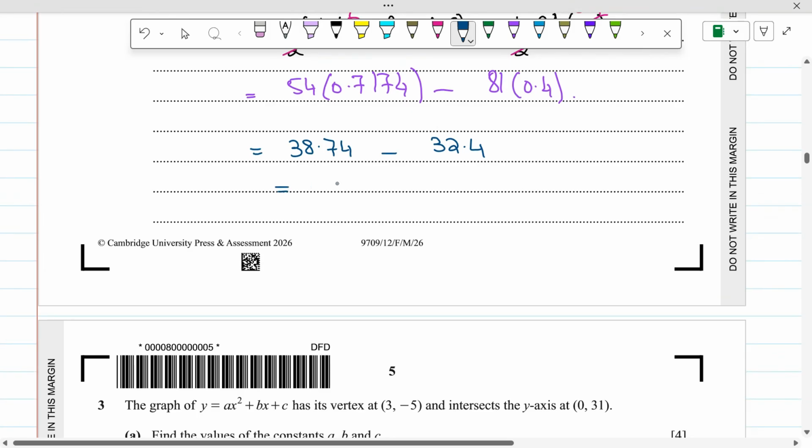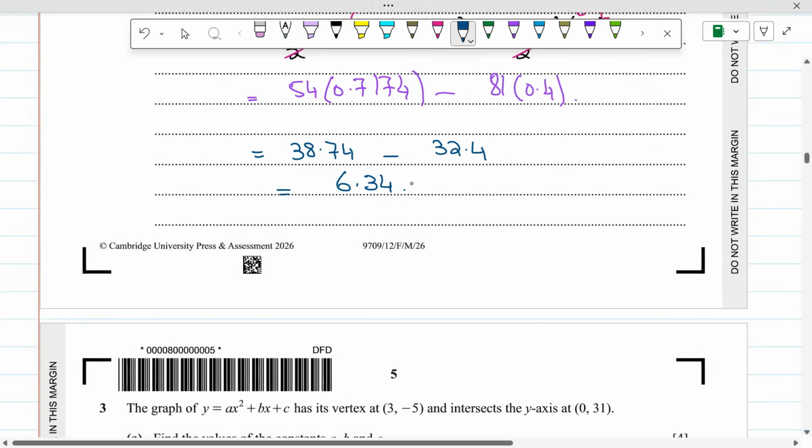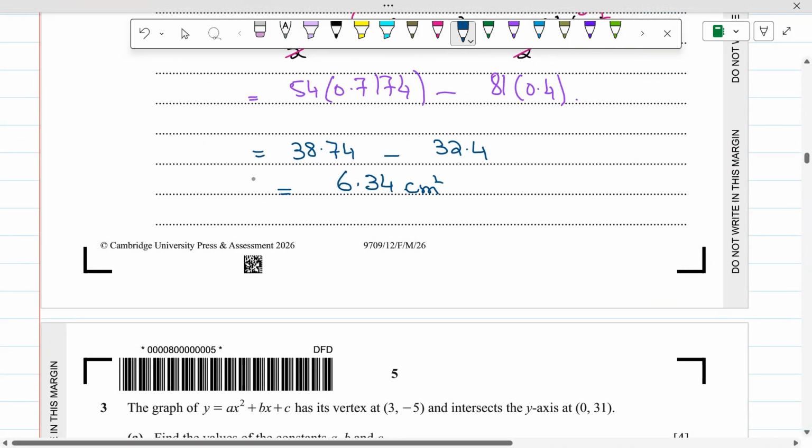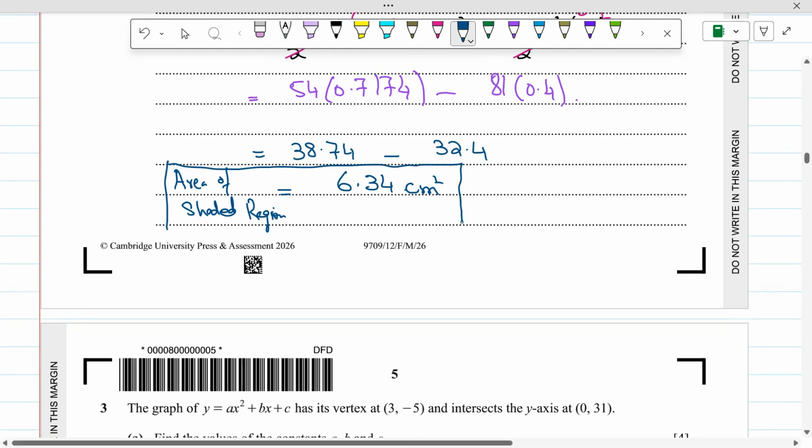So this is equal to 6.34, and this is already in three significant figures. So this is the area of the shaded region in three significant figures.